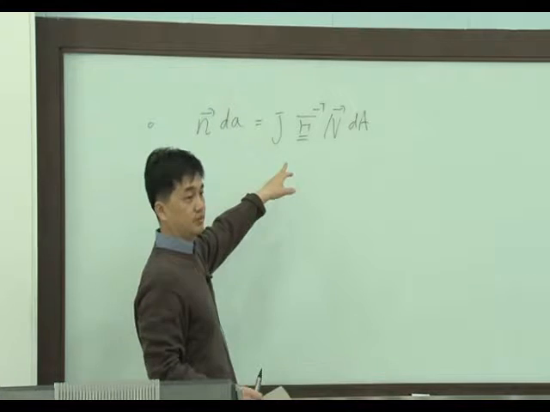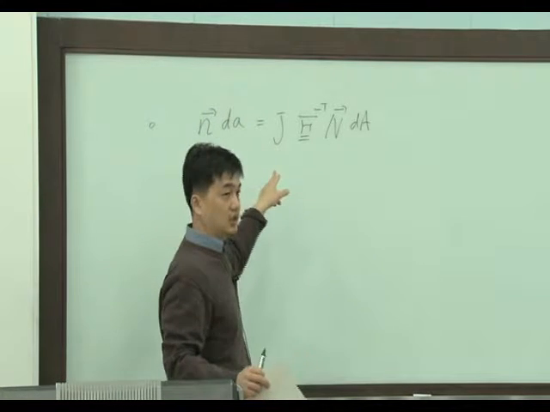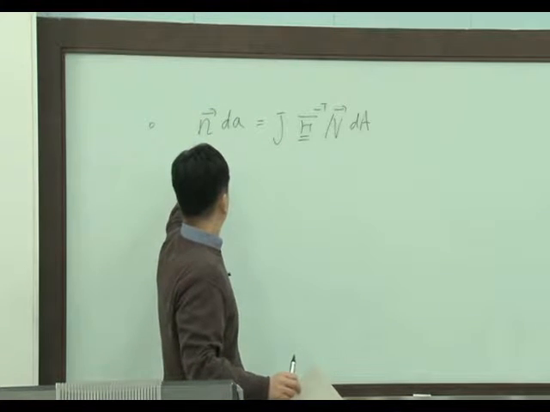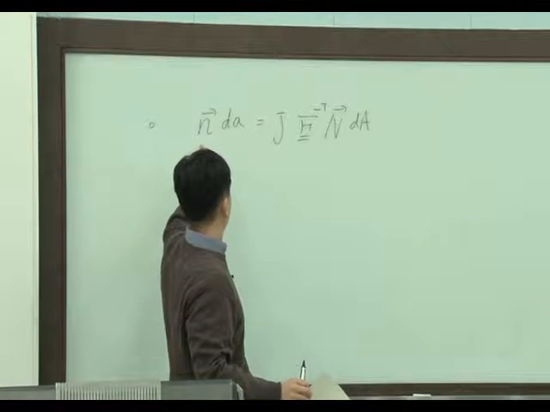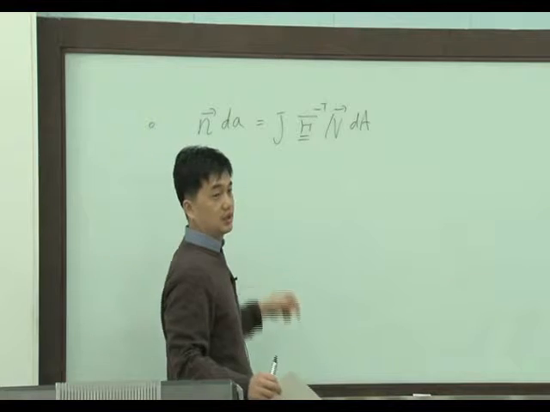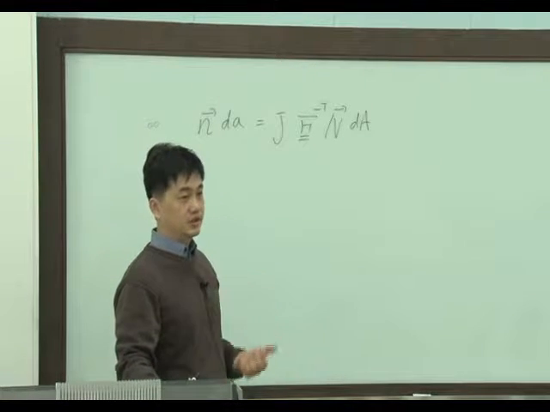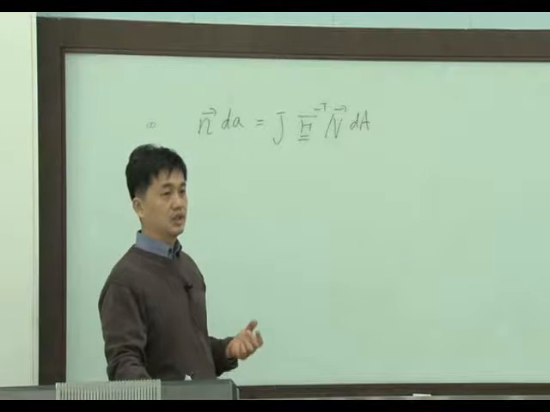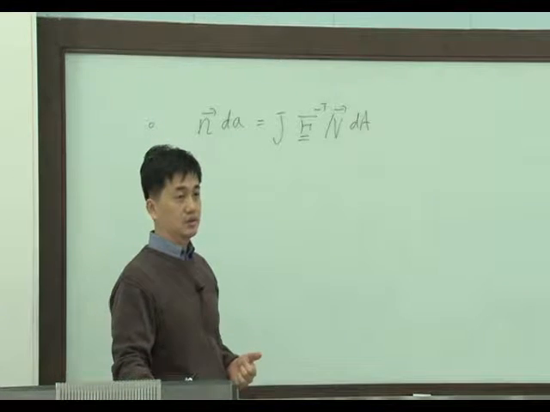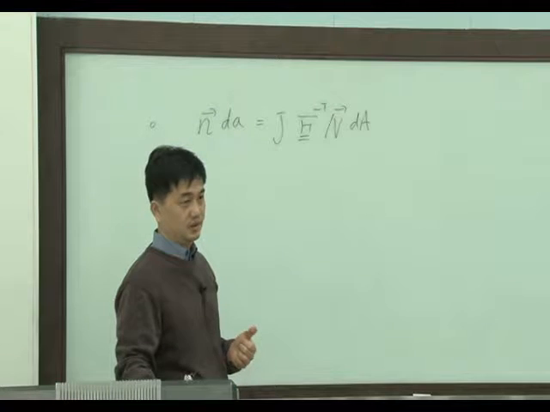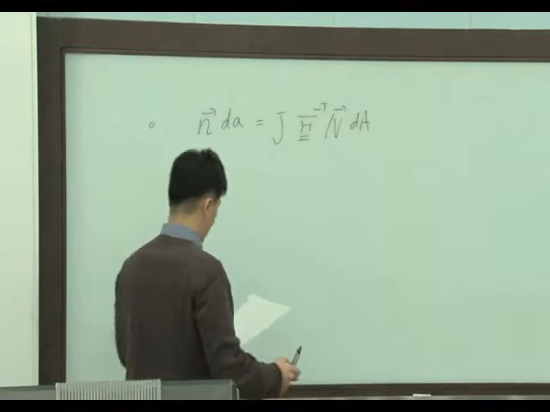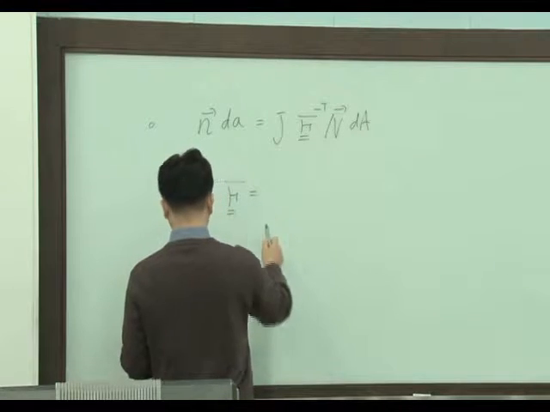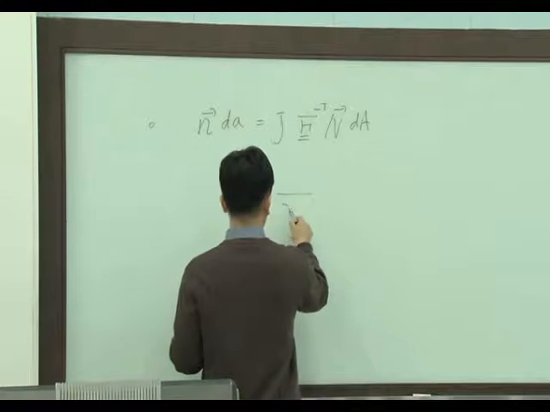And F is the deformation tensor, J is the determinant of the deformation tensor. Here the lowercase n and da are the surface direction and magnitude of that surface at the current configuration. You remember?